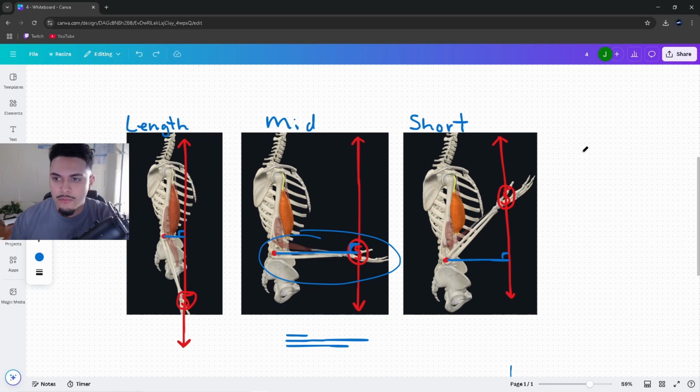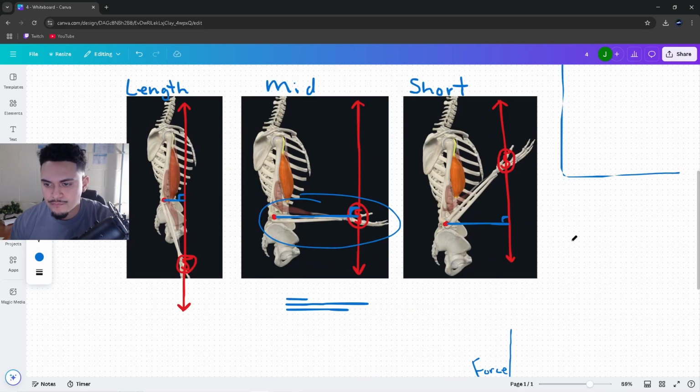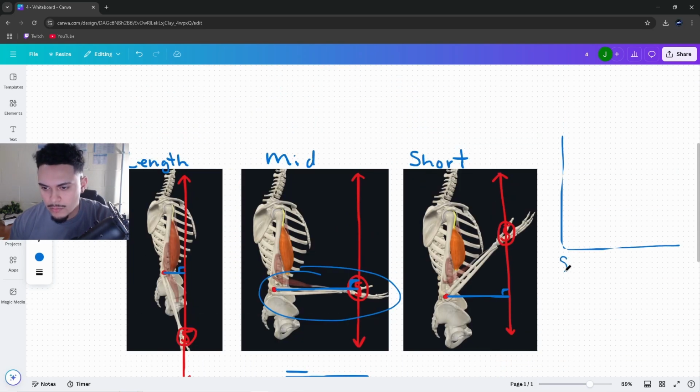Okay, so if we were to create a graph of the resistance profile of the dumbbell biceps curl, it would look a little something like this. Short is over here, lengthened is over here, and then up here we've got our force.